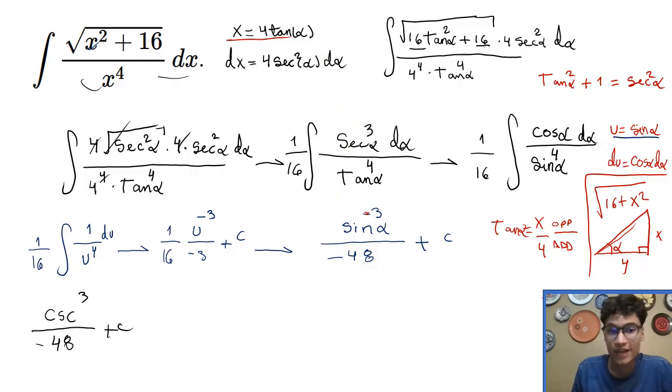We know that the cosecant is basically equal to the hypotenuse divided by the opposite side. So we have that our hypotenuse is this, and our opposite side is x. So the cosecant of alpha is basically the square root of 16 plus x squared divided by x.